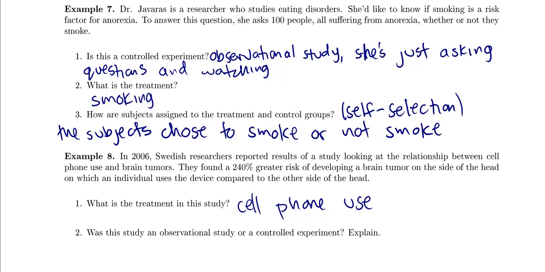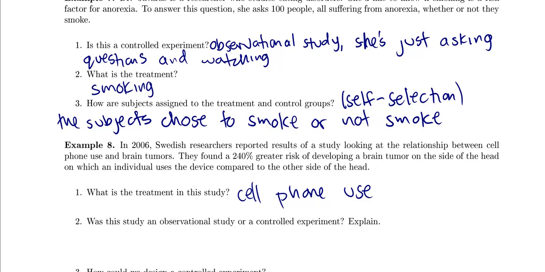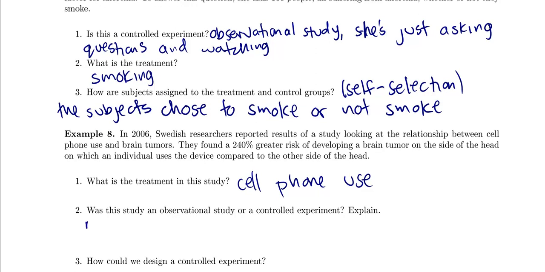Was this study an observational study or a controlled experiment? For this one, there's not enough detail to tell. It's possible that they rounded up some people and gave phones to some people to use, and the other people didn't get any cell phones, and if this was long enough ago, it might have been before everyone had cell phones already.